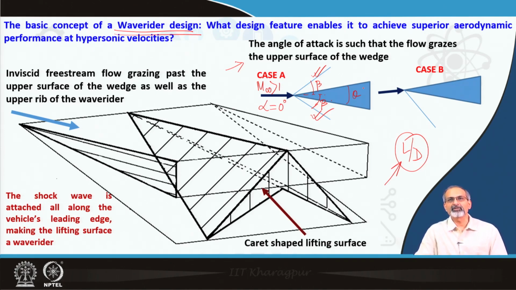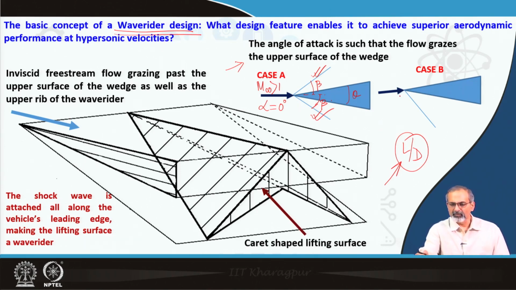It is essentially also a non-lifting body in such a case. And here of course, we consider the flow to act like an inviscid one, and then we raise the question: can we make one of these waves graze the surface or practically vanish?